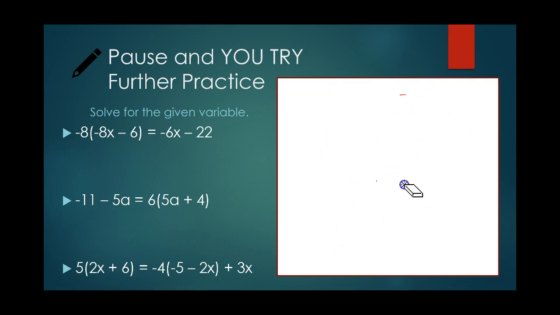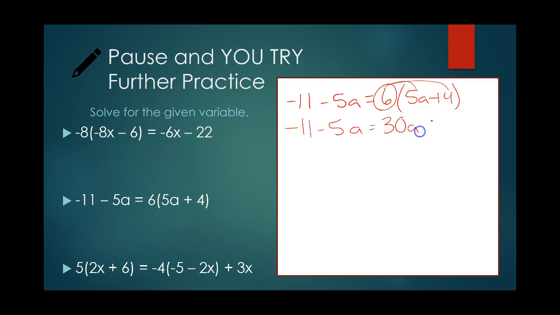All right, let's look at the next one. Negative 11 minus 5a equals 6 times 5a plus 4. So this time my distribution is on the right side. That would have given you 30a plus 24. Now I'm going to add this 5a, again, just to keep mine positive.